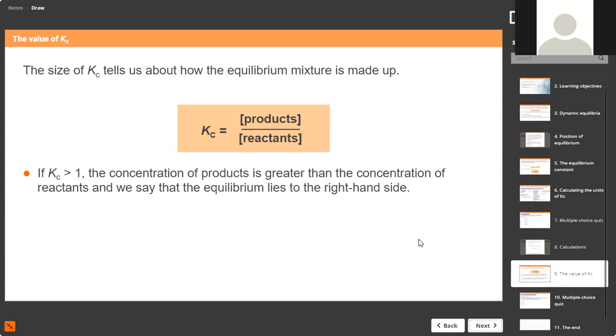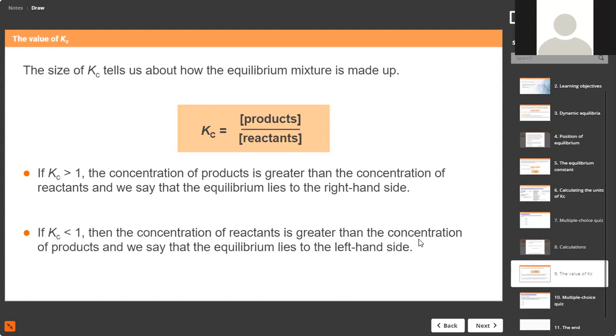Vice versa, if our equilibrium constant is smaller than 1, then the concentration of reactants is greater than the concentration of products, and therefore we say that the equilibrium lies to the left-hand side.